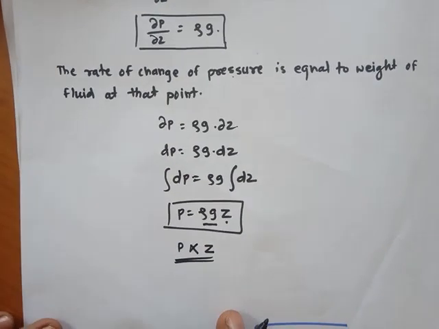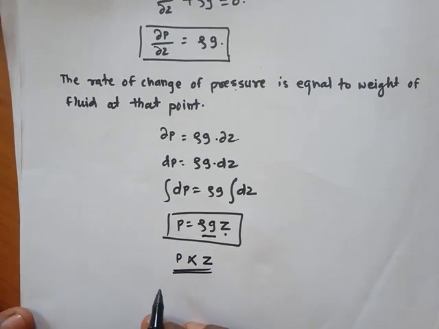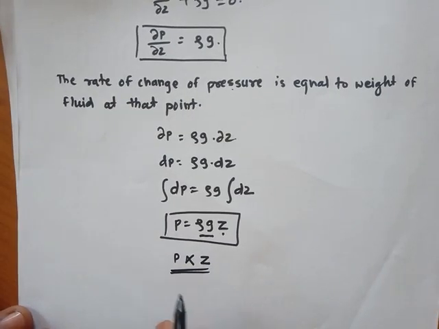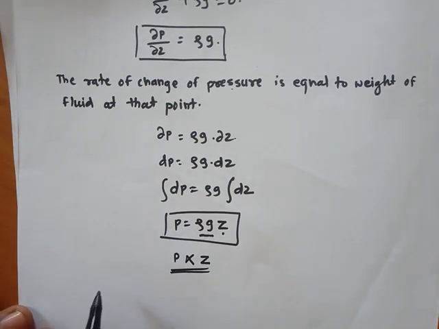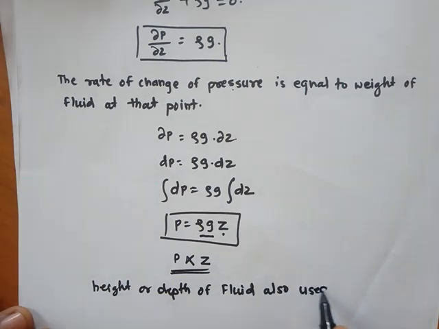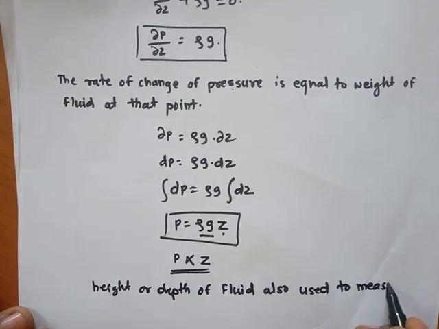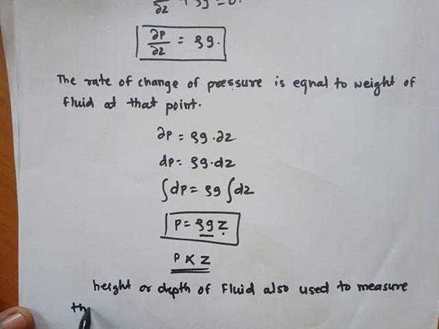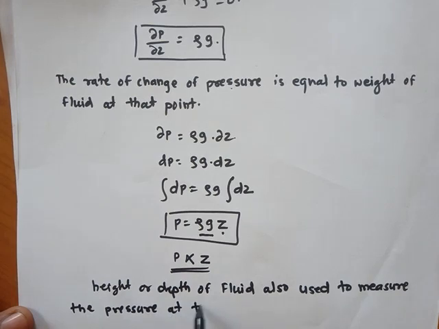According to that, pressure is also measured in terms of a static head with that fluid element. So Z, the height or depth of the fluid, is also used to measure the pressure at that point.